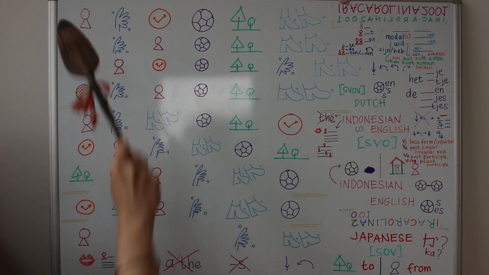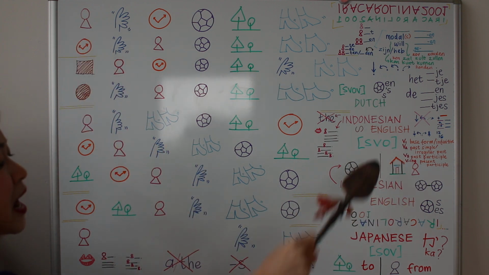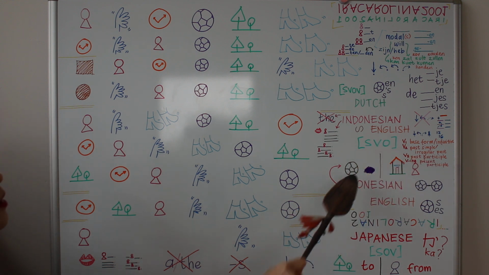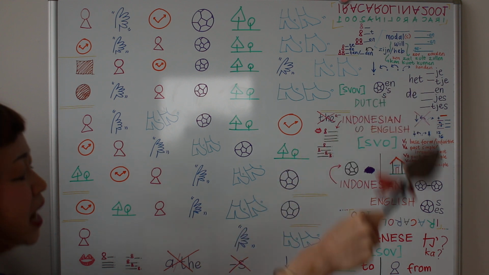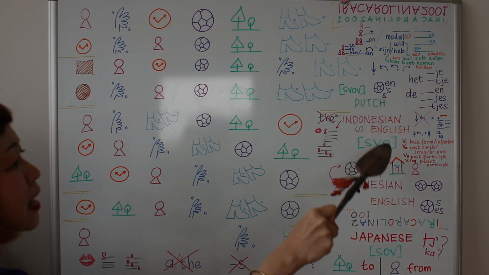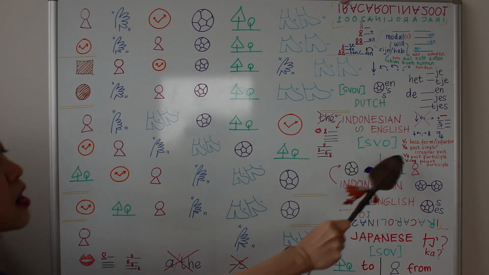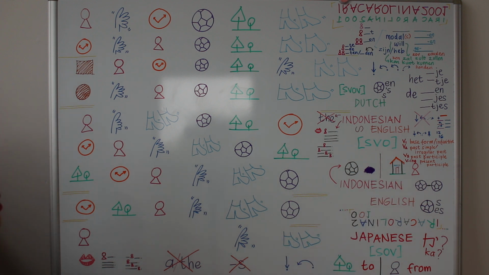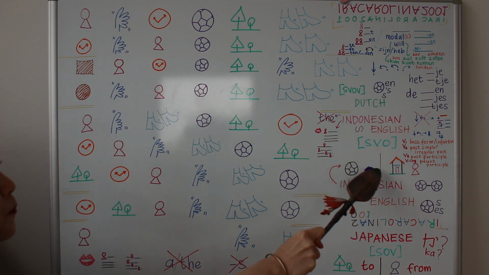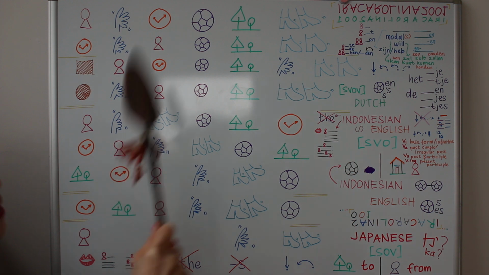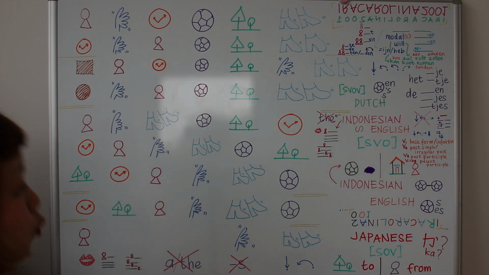Instead of my house, in Indonesian, house and then my. Instead of Ira's house, in Indonesian, house and then Ira. House is rumah, my is ku, rumahku. Ira's house, rumah Ira. There's no apostrophe, there's nothing, just house and then the name, two words.